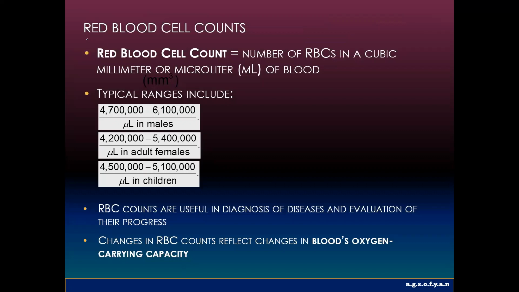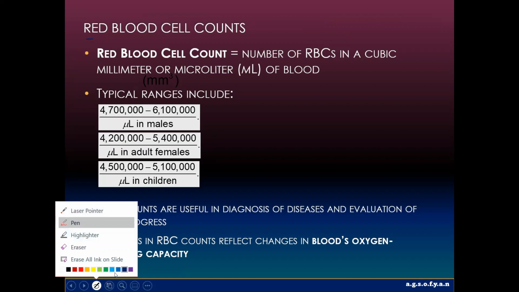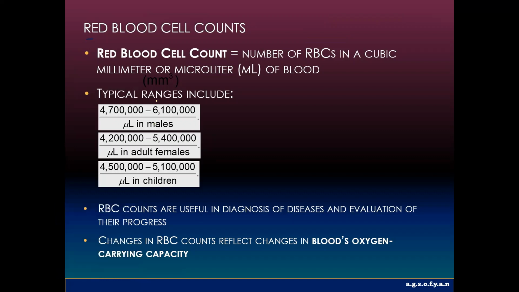Now, the red blood cell count is usually used for diagnosing whether our blood is healthy or not. The red blood cell count is the number of red blood cells in a cubic millimeter or microliter of blood, and this is the normal or healthy range.